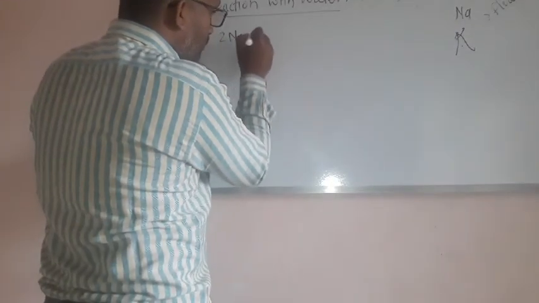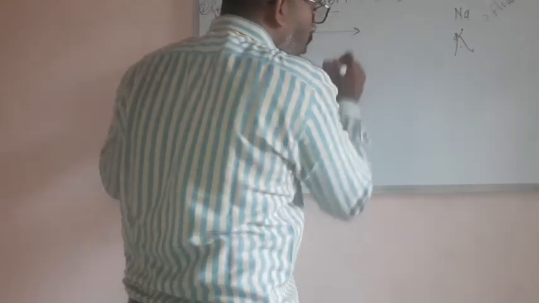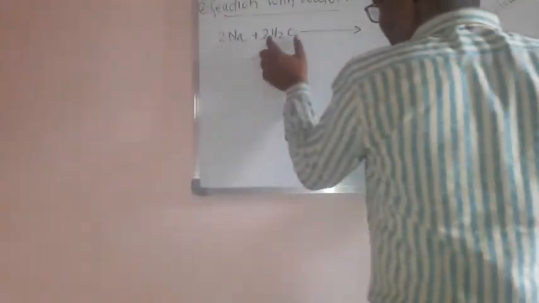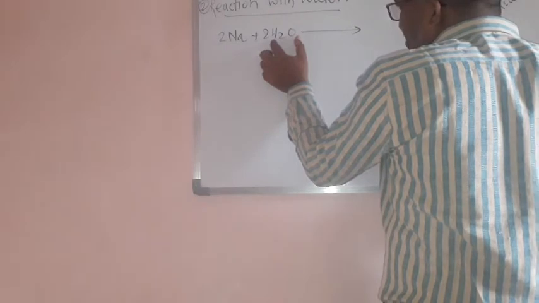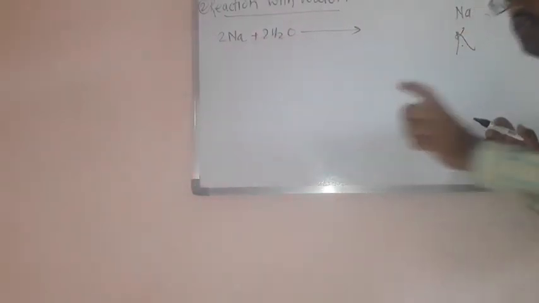When sodium, that is twice Na, is reacted with water, twice H2O, this reaction is very fast, very vigorous, and it is an exothermic reaction.